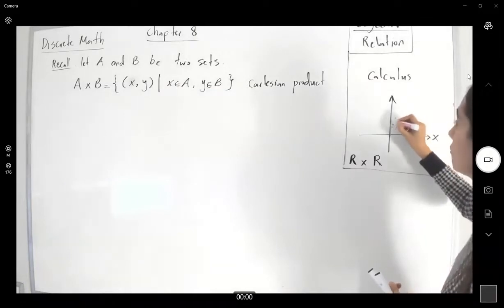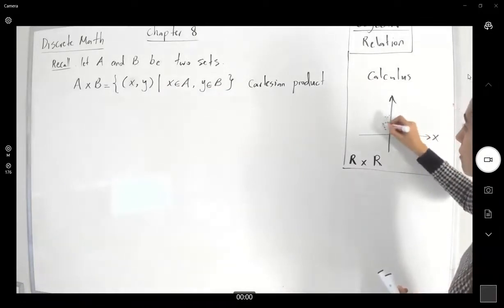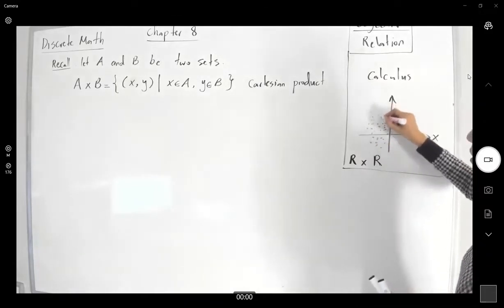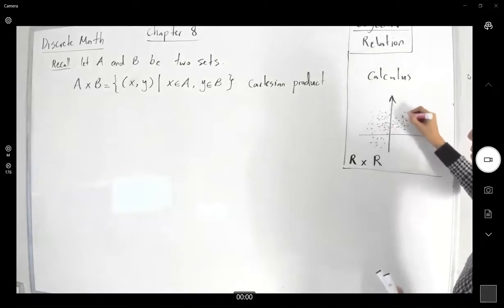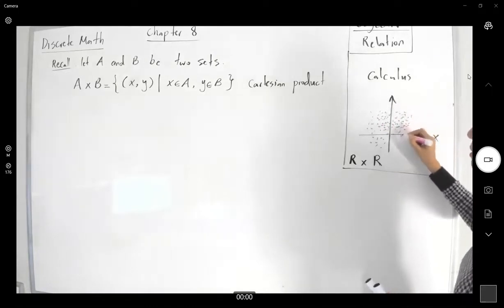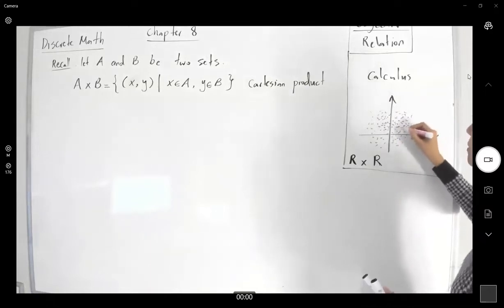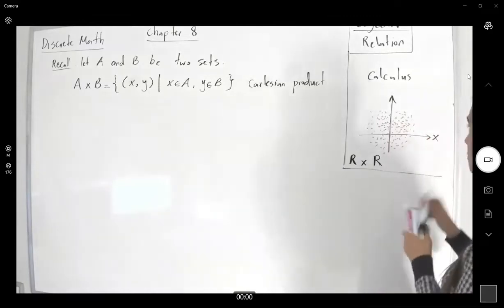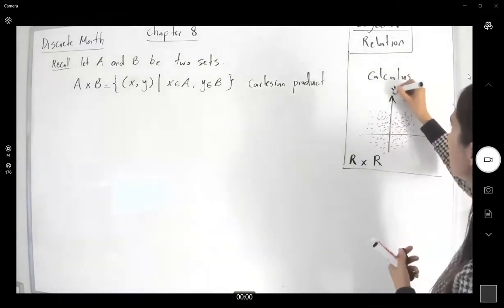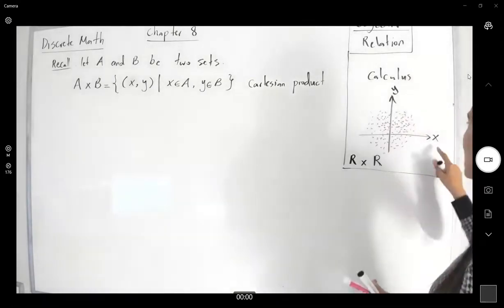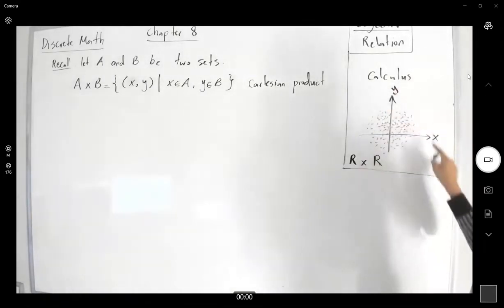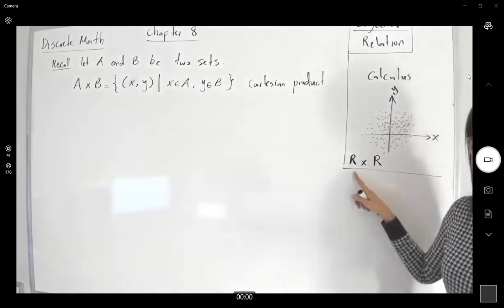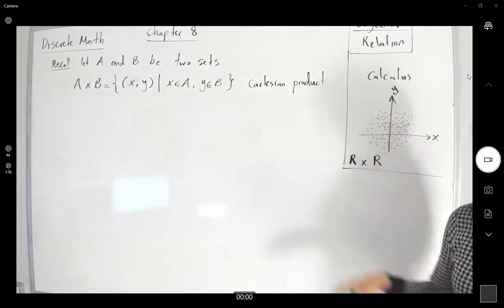Since there are infinitely many points, instead of just using dots, we can just sheet the whole thing and it creates the XY plane or rectangular plane or Cartesian plane for us. So x-axis, y-axis is the same as R. And just for simplicity, we just label these X and Y, but this is actually R and this guy is R. So this is the Cartesian product between R and R, which gives you all the points in the plane.